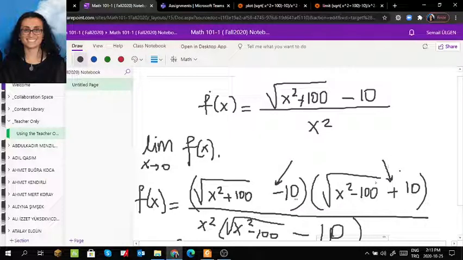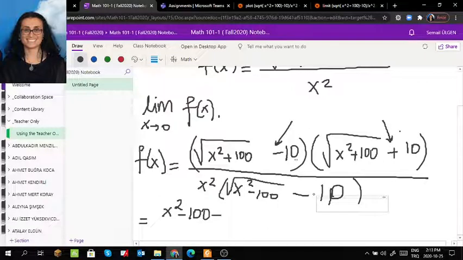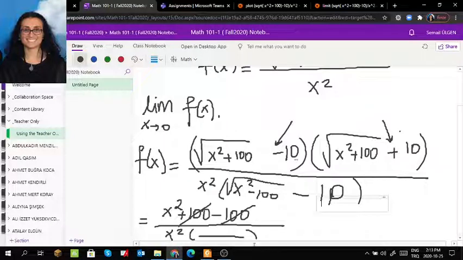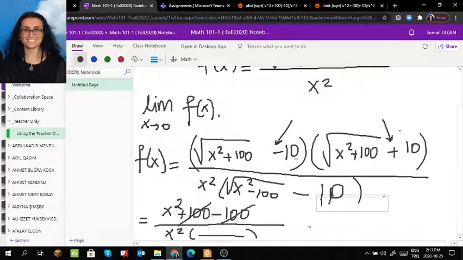We're squaring it, so it's x squared plus 100 minus 100 over, these are going to cancel each other. Now I have x squared down here, and then this expression here, okay?